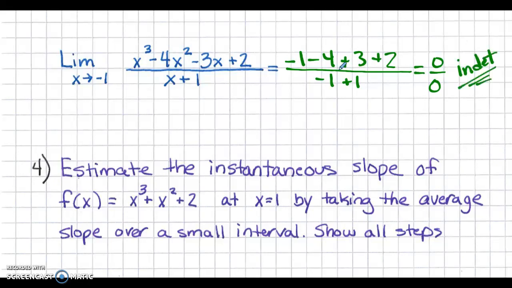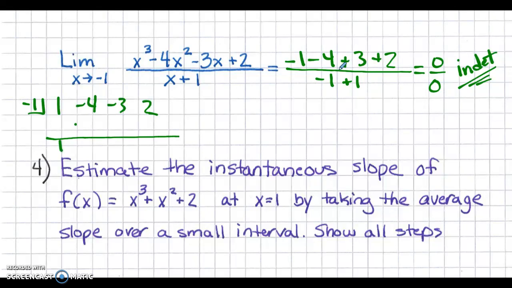And indeterminates mean we had to factor out the bottom from the top to be able to find the answer. So we did it this way. We put -1 in here. 1, -4, -3, 2. And then we did synthetic substitution.